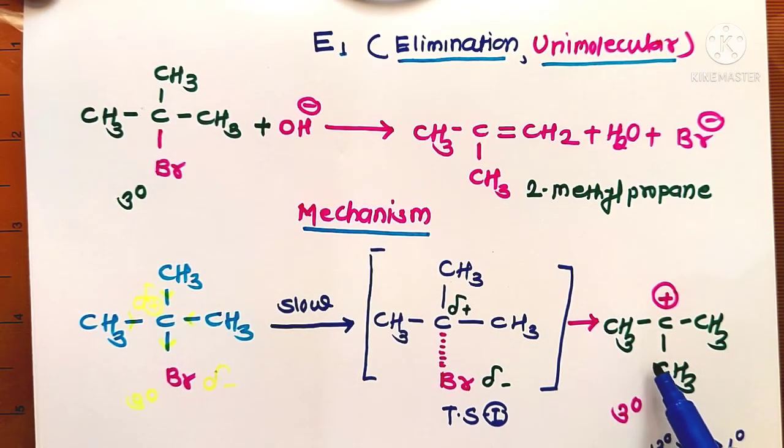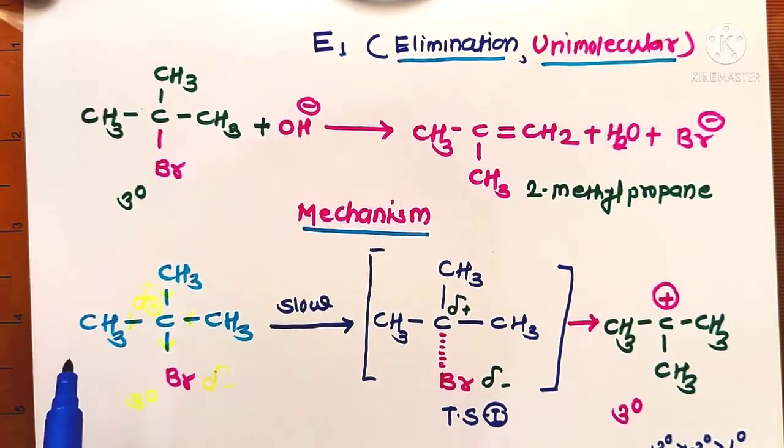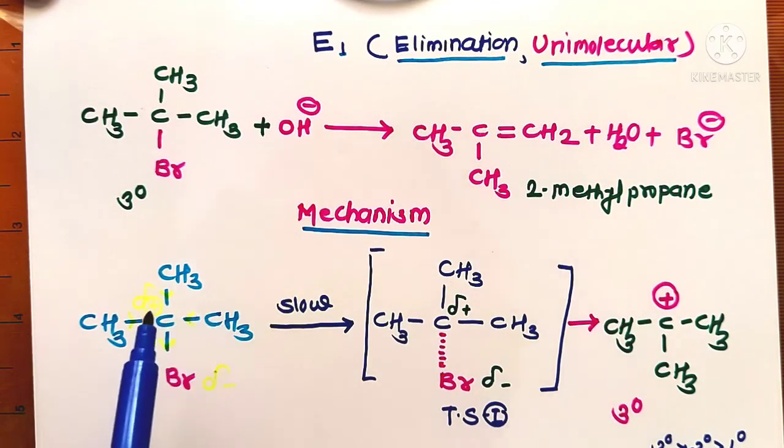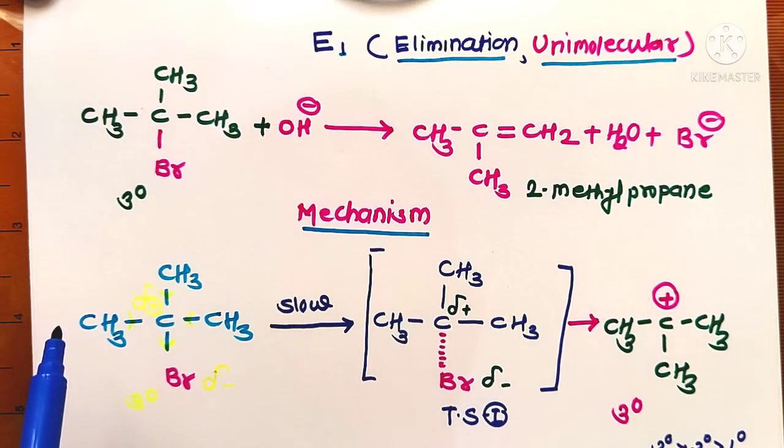In this case there is formation of a tertiary carbocation, therefore it is more stable than the others. So in this first step, the substrate molecule itself ionizes to form a more stable carbocation without any reacting molecule.